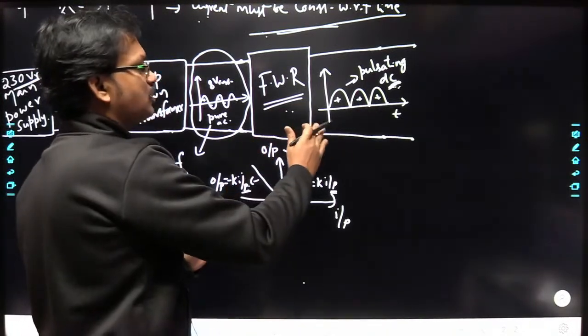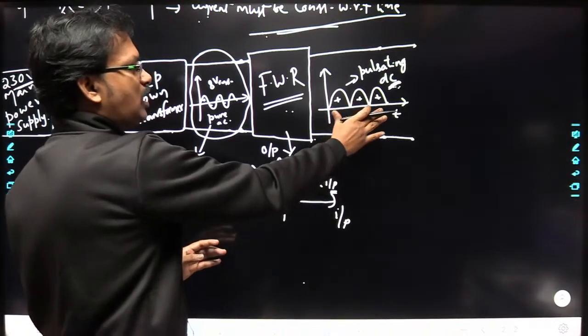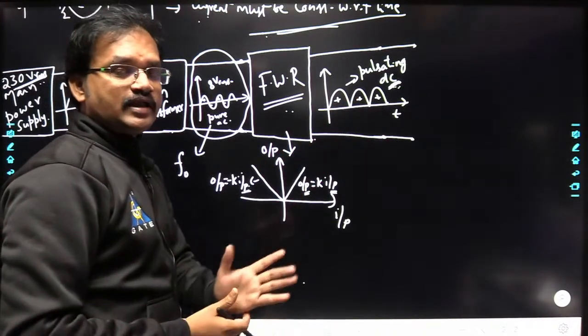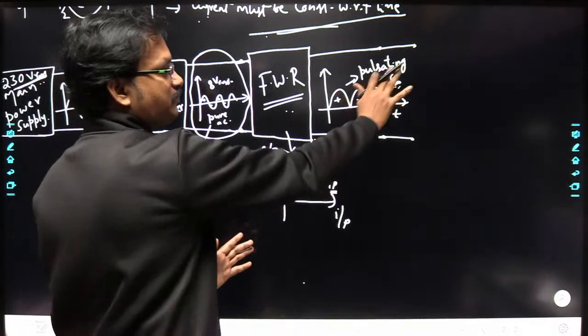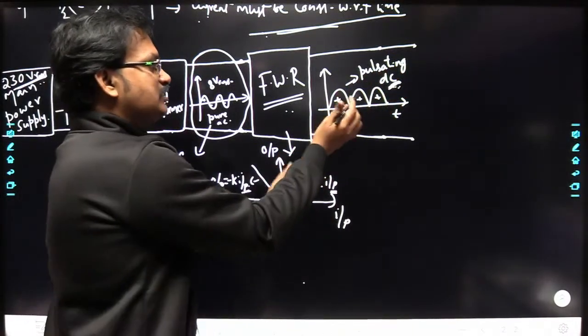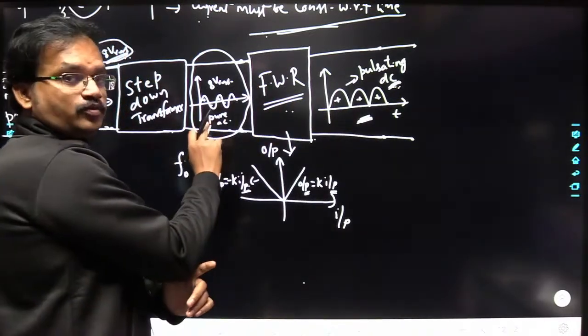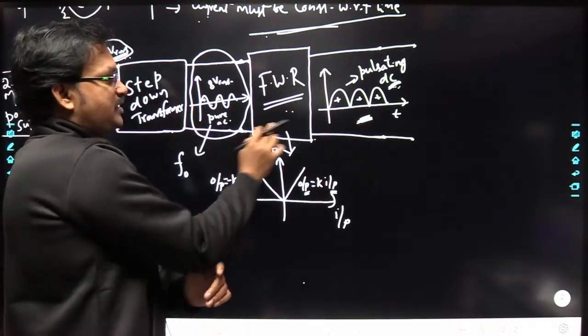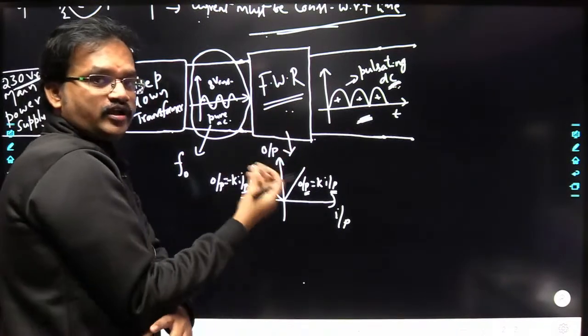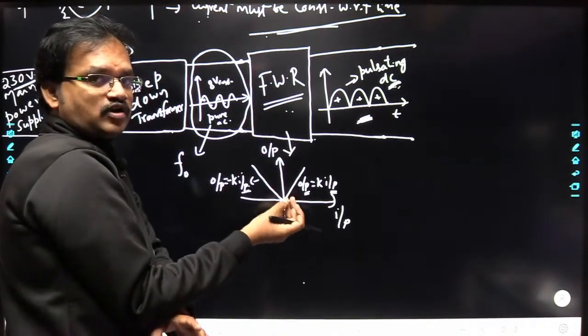At the output, what you are getting is not a pure AC signal, you are getting some pulsating DC. So here the output is distorted from the input, yes or no? So that means this full wave rectifier is a non-linear circuit, yes or no? That's what I have said here.